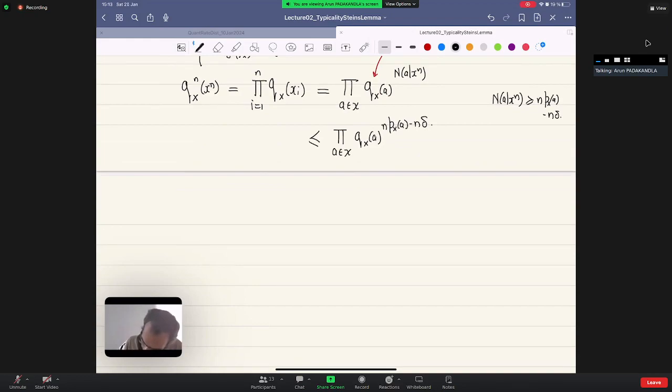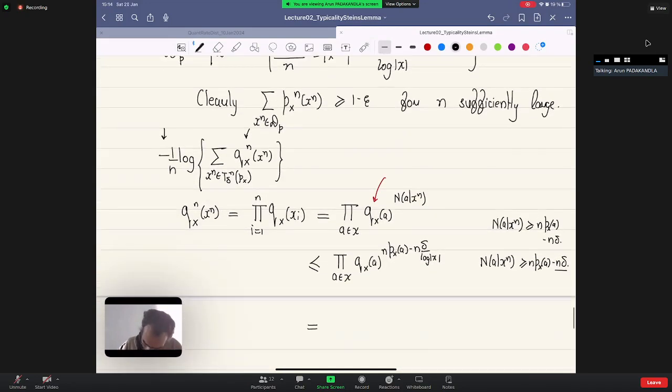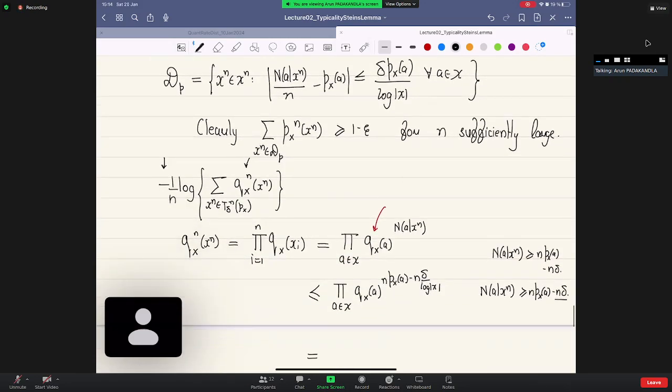How did we get that step? So n of a given xn, right? This is at least n px of a minus n delta, by the log cardinality of X. So thank you. Maybe is that your doubt? So see here, this is my set, right? I am looking at T delta n, which is essentially px. I didn't maybe state that.